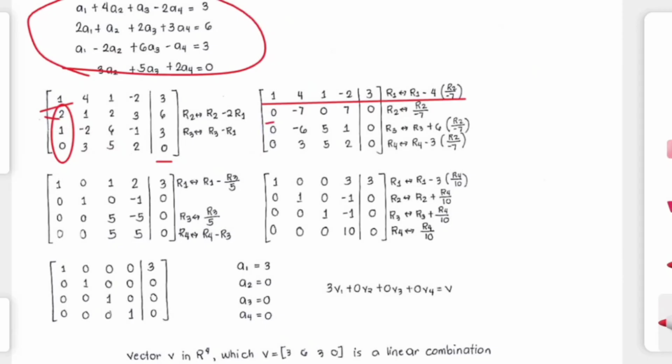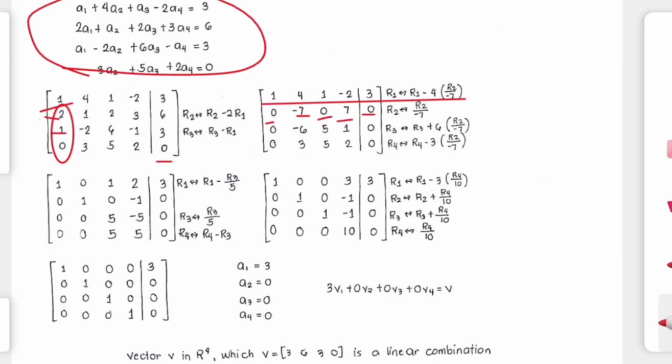So 2 minus 2 times 1 is equal to 0, and then 1 minus 2 times 4 is equal to negative 7, and then 2 minus 2 times 1 is equal to 0 also, and then 3 minus 2 times negative 2 is equal to 7, and 6 minus 2 times 3 is equal to 0.